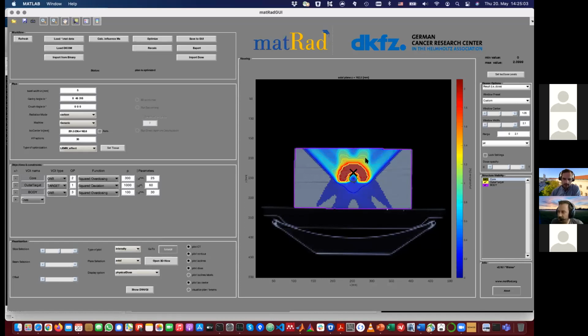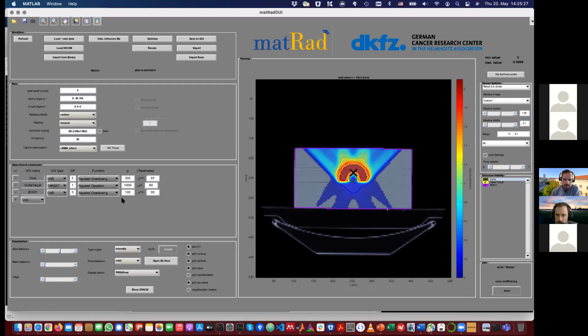So now we are still looking at the physical carbon ion dose, and in the background the computation of the RBE weighted dose finished. If we now click on the display option, you can immediately see that we have a couple of options to select. Most interesting for now is RBE times dose.